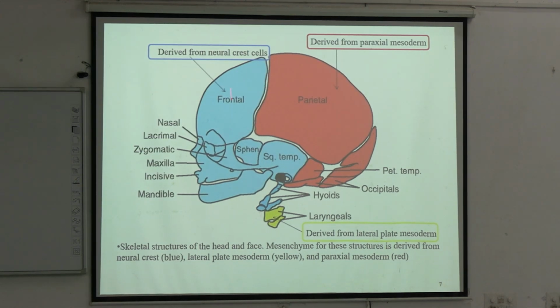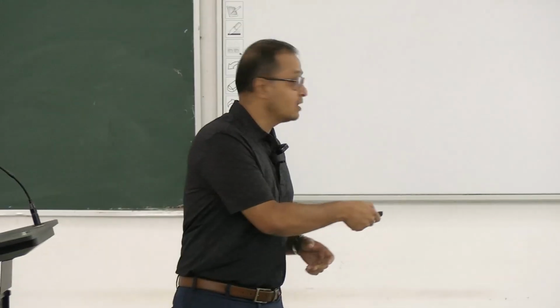So these neural crest cells transform into skeletal elements like the frontal bone, nasal bone, lacrimal, zygomatic, maxilla, mandible, part of the temporal bones, sphenoid bone, hyoid bone, which is a part of the laryngeal cartilages, etc. Styloid process.